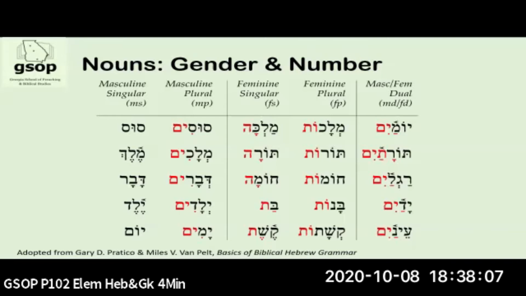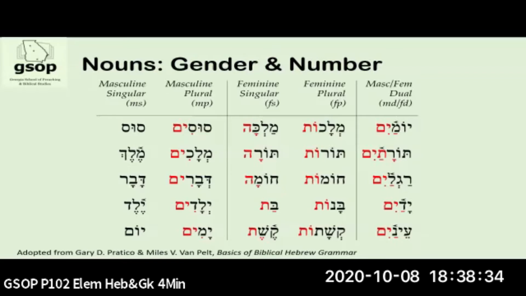To make it plural, it's going to change the vowel system because it's extended the word. And so the mem is now with a shva at the beginning, and now the accent is going to the end of the word. And so with the shva, it's melakhim. And then we see davar.